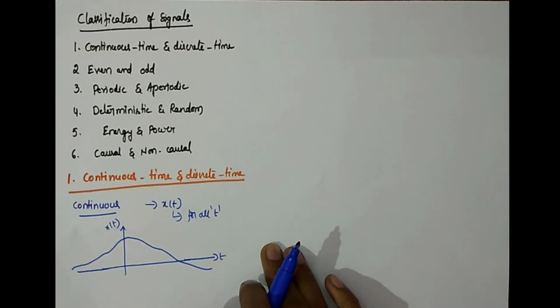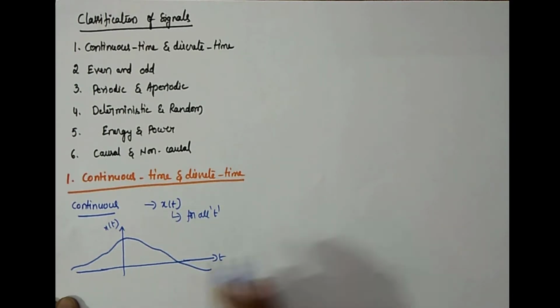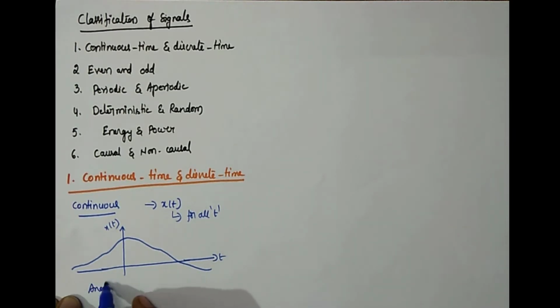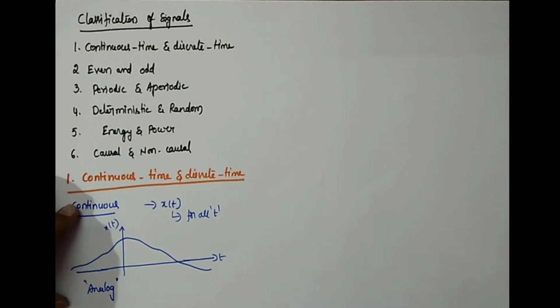All the naturally occurring signals are continuous in nature. Speech signal means the voice signal is continuous, is a naturally occurring signal. Like some seismic signals, some astronomical signals. The signals present in the atmosphere or they exist in the atmosphere naturally are said to be continuous. The other name for continuous is analog.